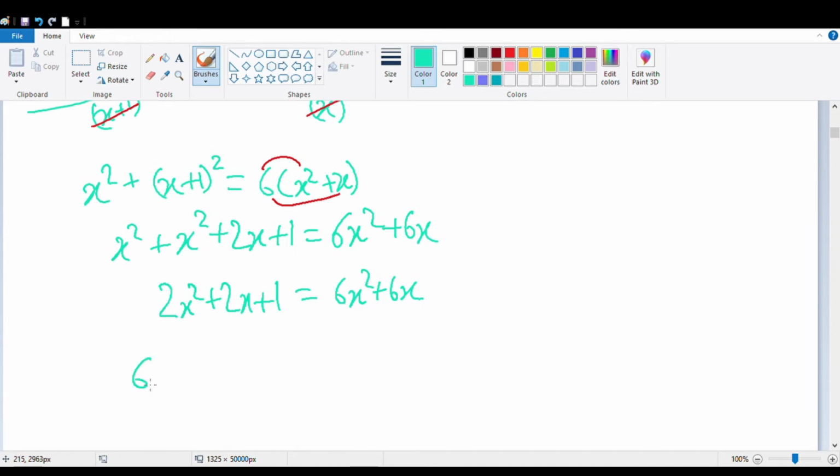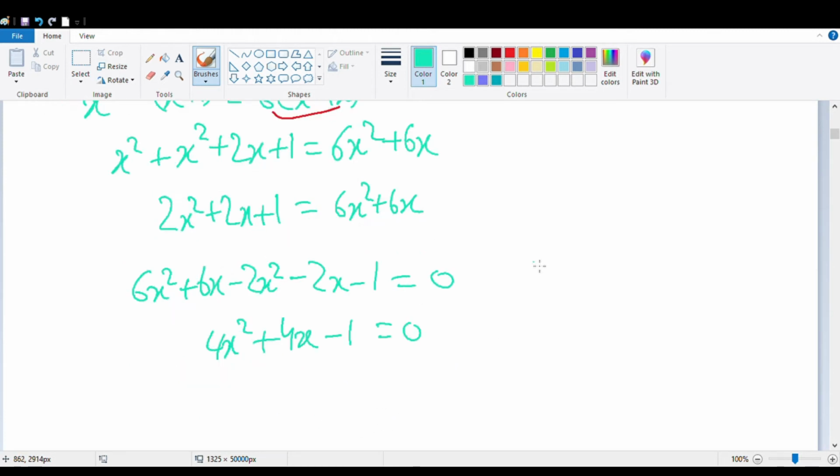So 6x squared plus 6x minus 2x squared minus 2x minus 1 is equal to 0. Oops, it's not plus, it's minus 2x. So 4x squared plus 4x minus 1 is equal to 0.